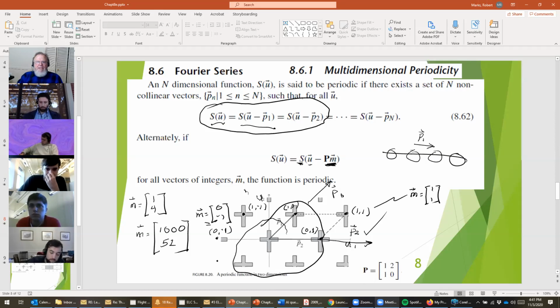And if this periodicity extends forever, then no matter how big of an integer you put on there, there's going to be a point in that replication which is assigned to 1,000 times P1 plus 52 times P2.